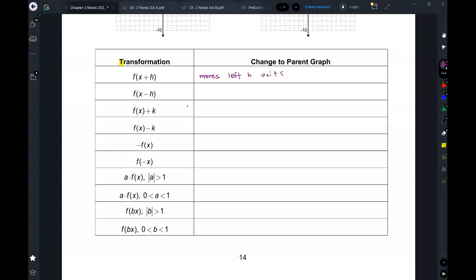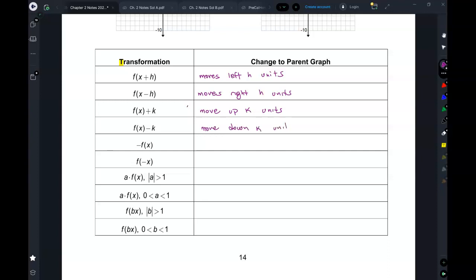So if I give you an equation and ask you to describe the transformations, you would have to say this moves left 6 units, it moves down, and so on. This one will move to the right h units. f of x plus k will make the graph move up k units. What about minus k? Down k units.